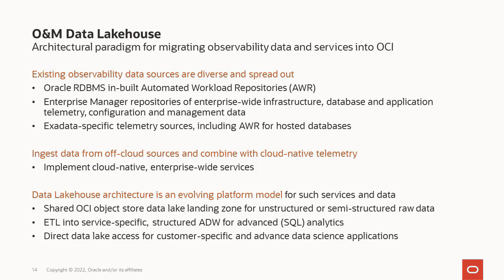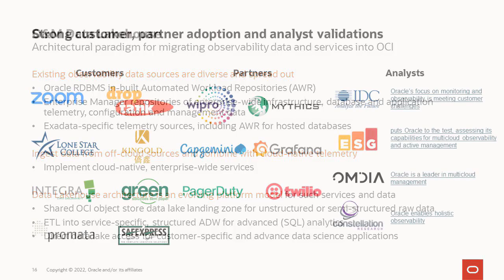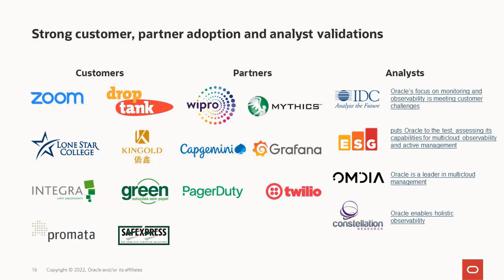In other words, the data can be leveraged not just by our services, but by customers themselves. These aren't reference customers, I think these are just users. Some are reference customers. I'm not sure which are which.